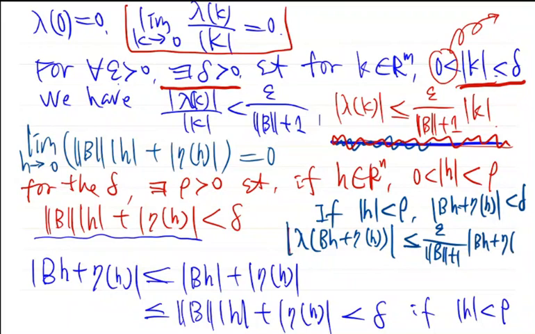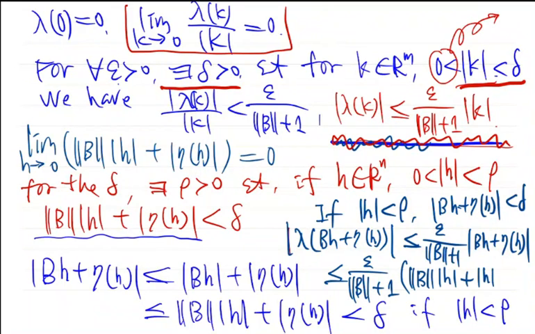That will not be greater than the norm of b plus 1 times the norm of b and the norm of h plus the norm of eta h, because we previously assumed, without loss of generality, that the norm of eta h is less than h.